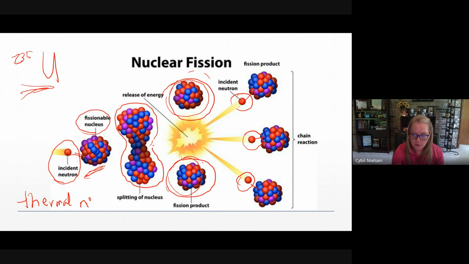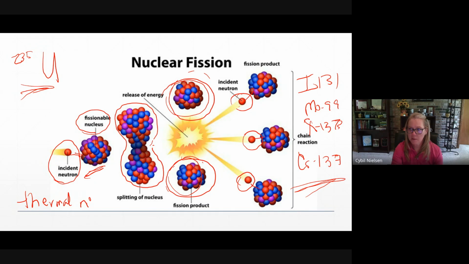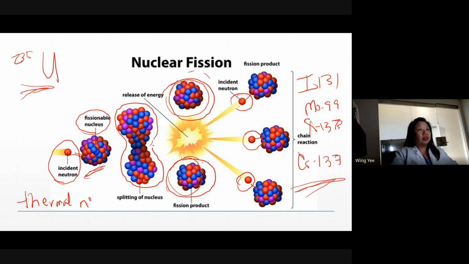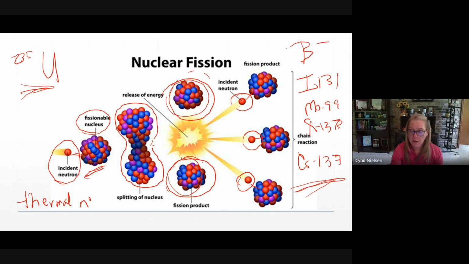And the products they produce: I-131, Moly-99, Xenon-133, Cesium-137. What do all of these have in common? How do they decay? Beta negative, right?